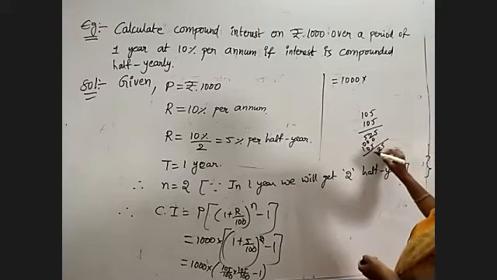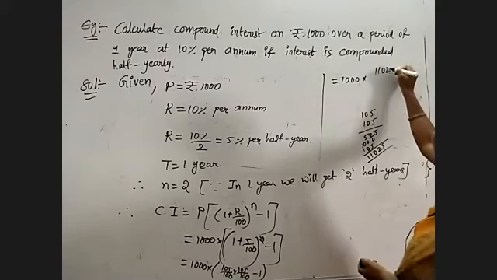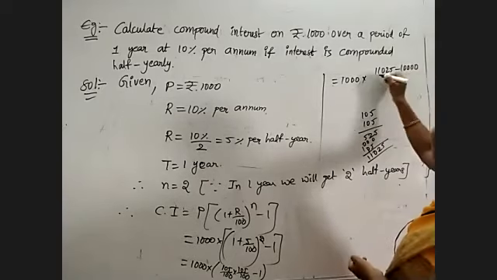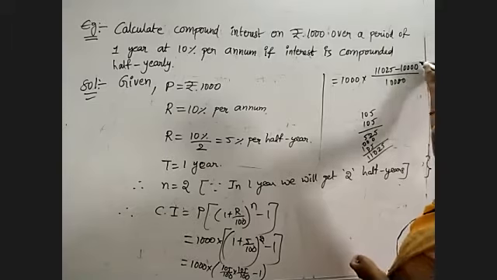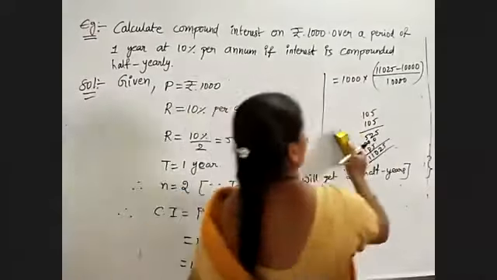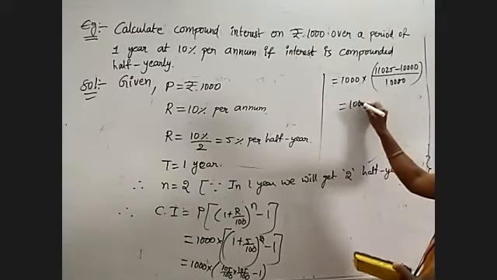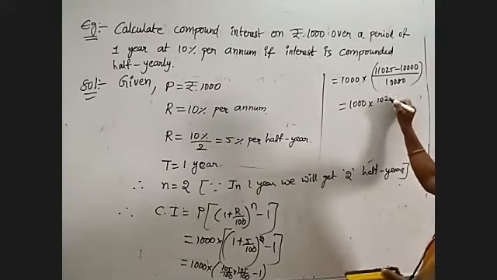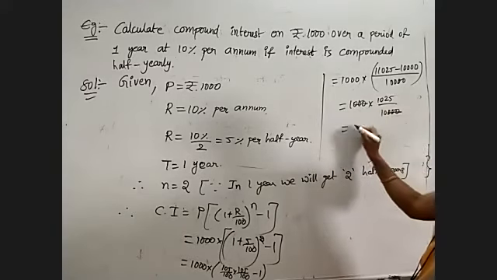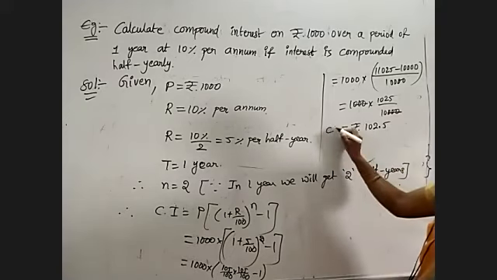So 5 2 10, 11025 by 10,000 minus 10,000. Directly I am doing the LCM. Direct calculation I did. Now which will be equal to 1000 into 1025 by 10,000. 4 zeros are there, so these 3 zeros will get cancelled, which is equal to 102.5 rupees is compound interest.